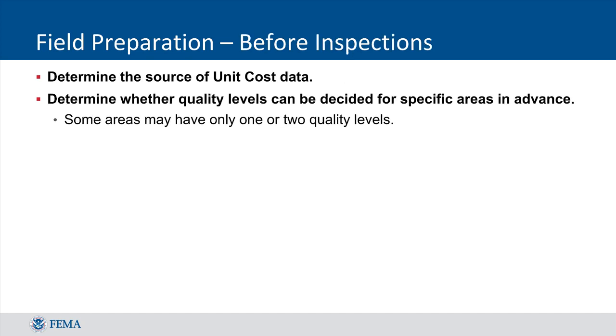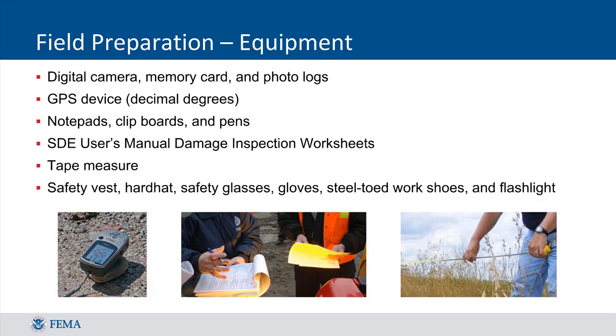The source of unit cost data should be determined before fieldwork begins. Quality levels can also be determined before the start of fieldwork. Depending on the area, there may only be 1 or 2 quality levels. Equipment also needs to be assembled before fieldwork begins.